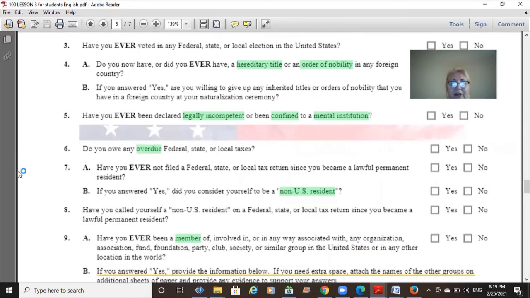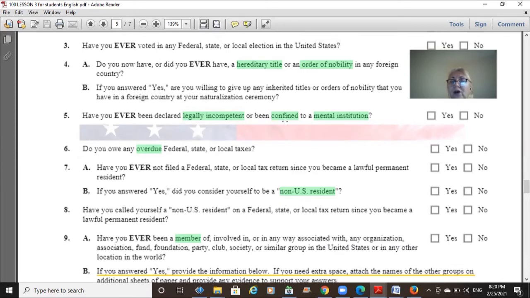Number 5, have you ever been declared legally incompetent or been confined to a mental institution? Remember, you have to tell the truth at your interview. A legally incompetent person is the one who does not understand what is going on around him or her.